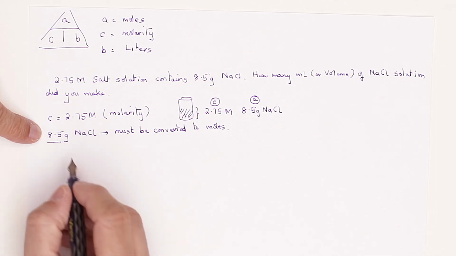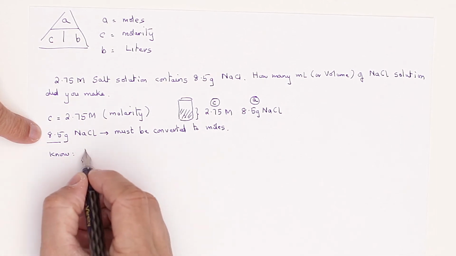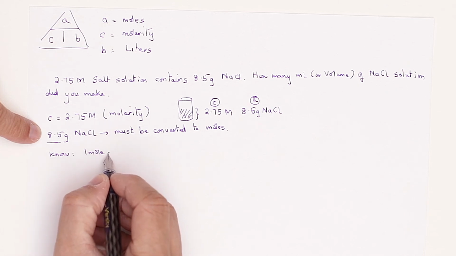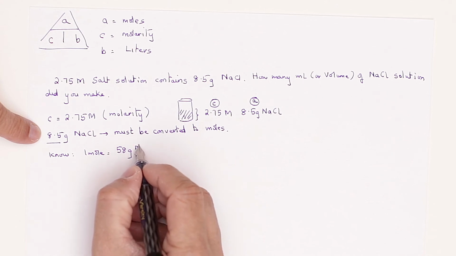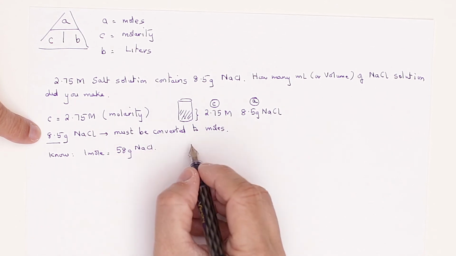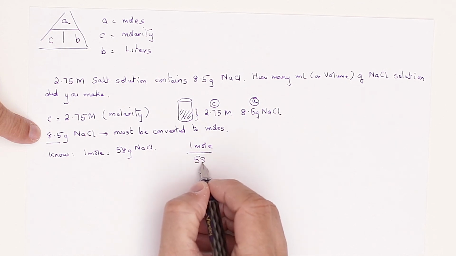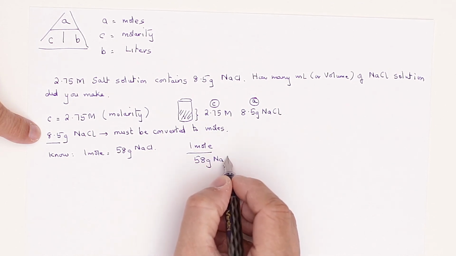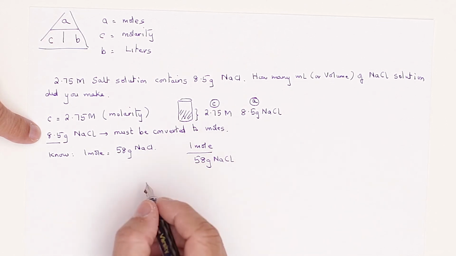We're given 8.5 grams. What we know is that 1 mole is equal to 58 grams NaCl. So our conversion factor is going to be 1 mole over 58 grams NaCl. I'm hoping you guys jog some memories here.